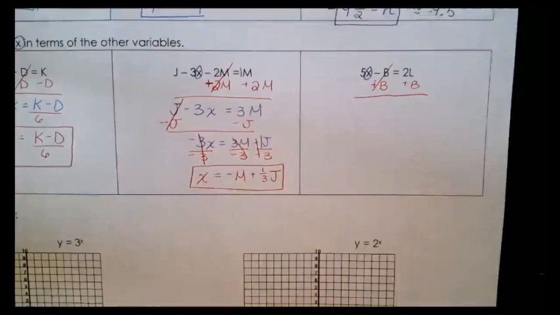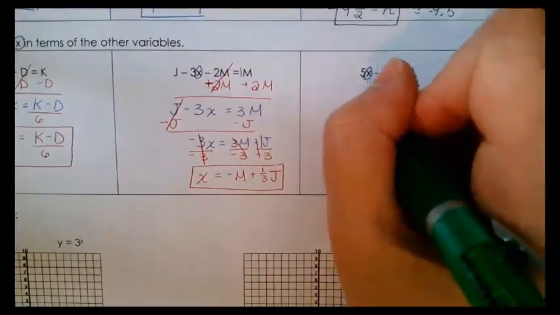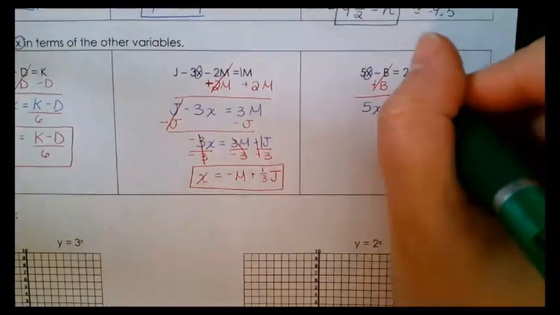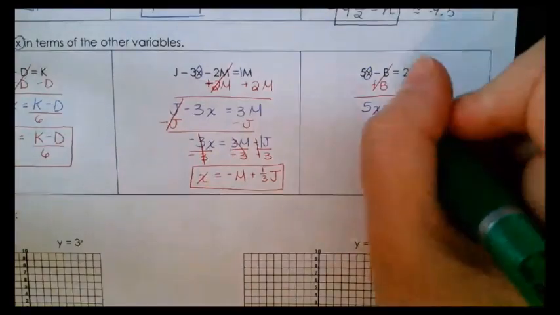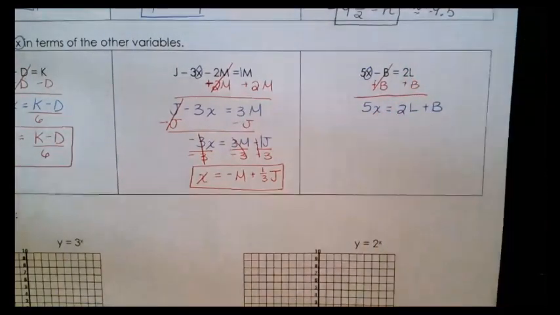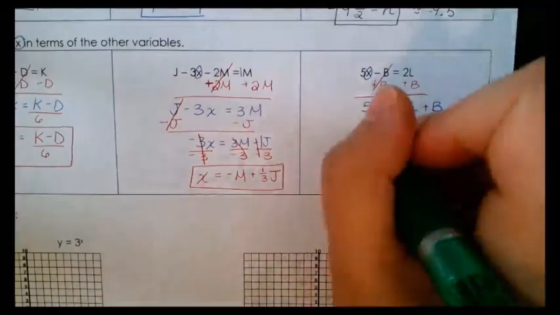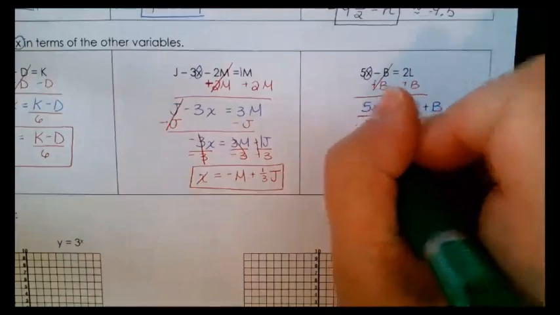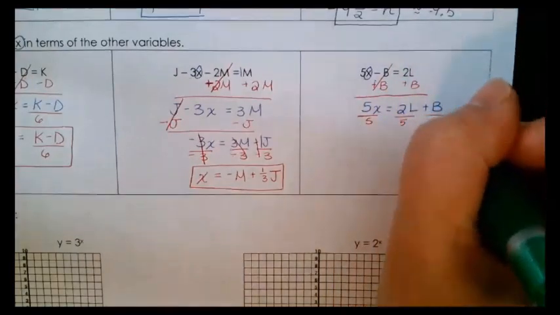We're left with 5x equals 2L and B, well, they can't be added, so just put them next to each other. 2L plus B. And then the last step is we have to get rid of the 5. So we're going to divide everything by 5. Every term by 5.